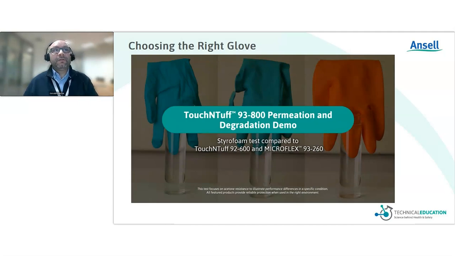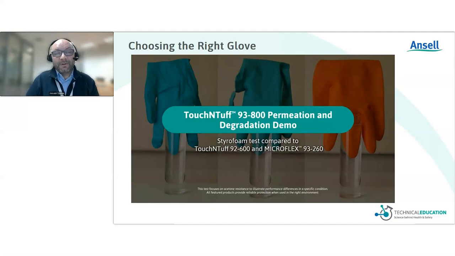The second video is another demonstration. The styrofoam is what we can find in the packaging of new electronics or a new machine or new equipment. Styrofoam is something that is degraded by acetone.